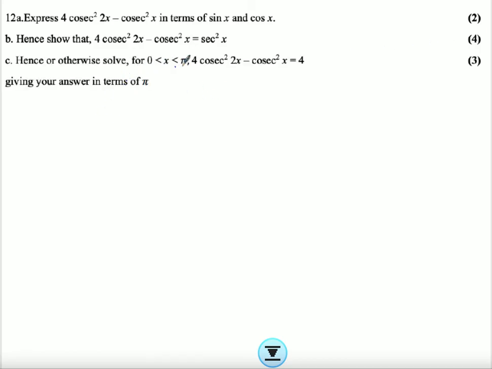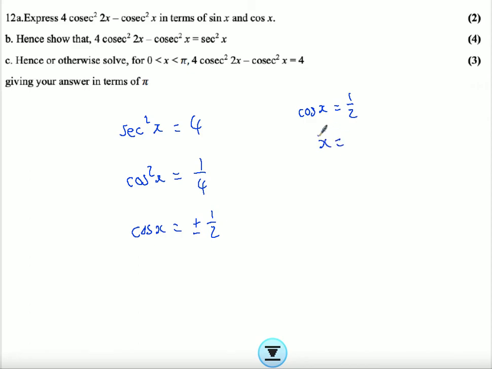Okay, hence or otherwise solve that. So we want to do sec squared x equals 4. So that's cos squared x equals 1/4, so cos x is equal to plus or minus 1/2. So let's deal with cos x equals 1/2 first. That's going to give us pi over 3.